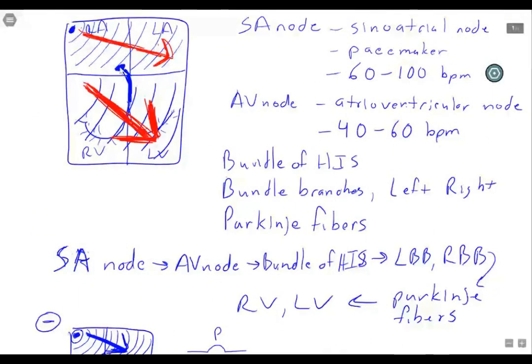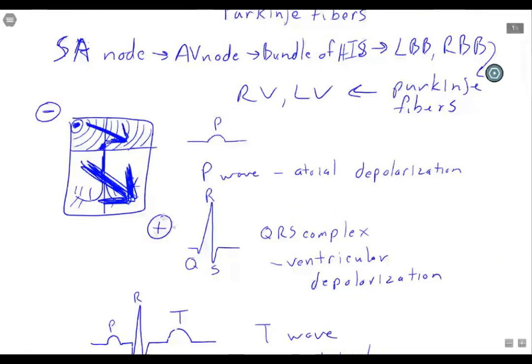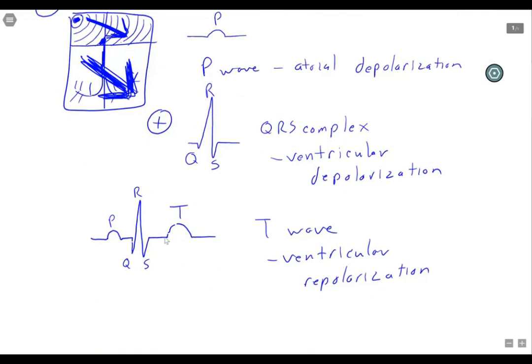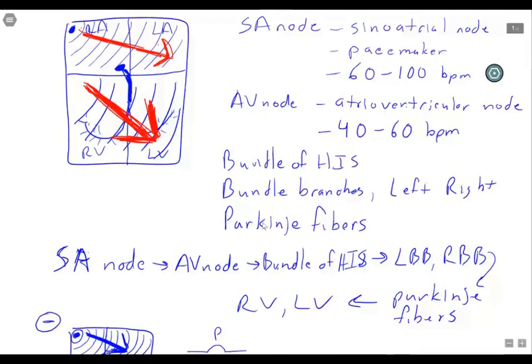And then it will enter the AV node, down the bundle of His, the right and left bundle branch, out the Purkinje fibers, give you a wave of depolarization across the ventricles, still going towards the positive electrode that we have here, giving you a very large QRS complex. And then everything will repolarize, and so you get the T wave, which is ventricular repolarization.